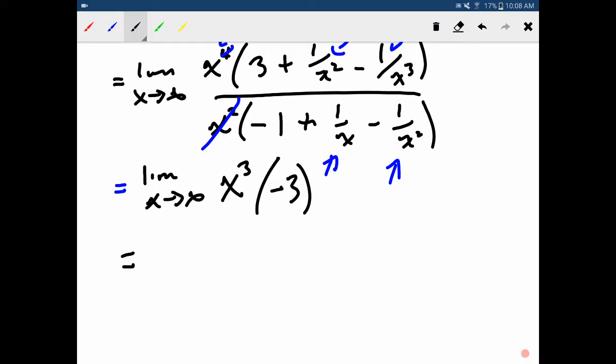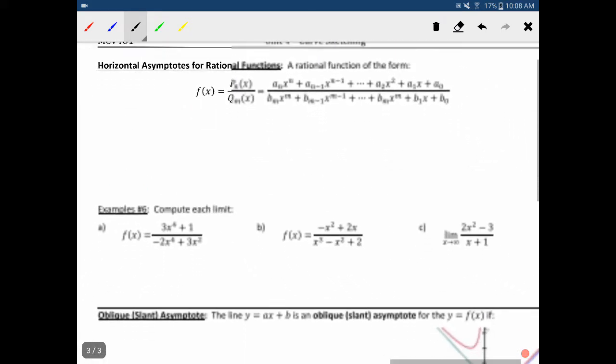Oh, nope, that should be, that's a 2. That's a 2. There we go. Sorry, so what is that approaching? Well, you've got a negative times x squared. This is approaching infinity. This is negative, so it's going to be approaching negative infinity. Okay? And that's that.